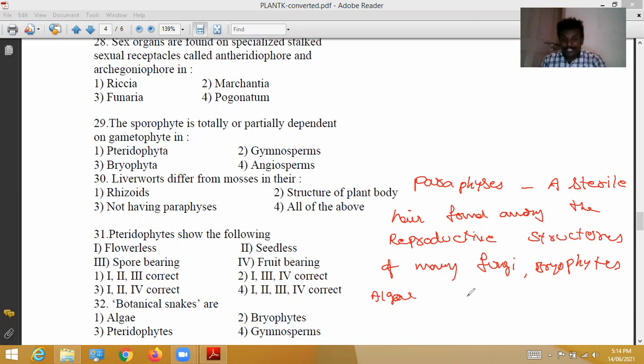These provide protection, and in some species may be involved in dehiscence.